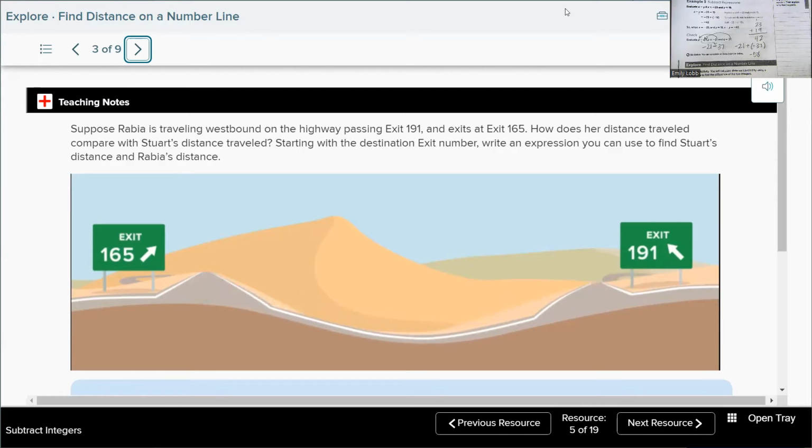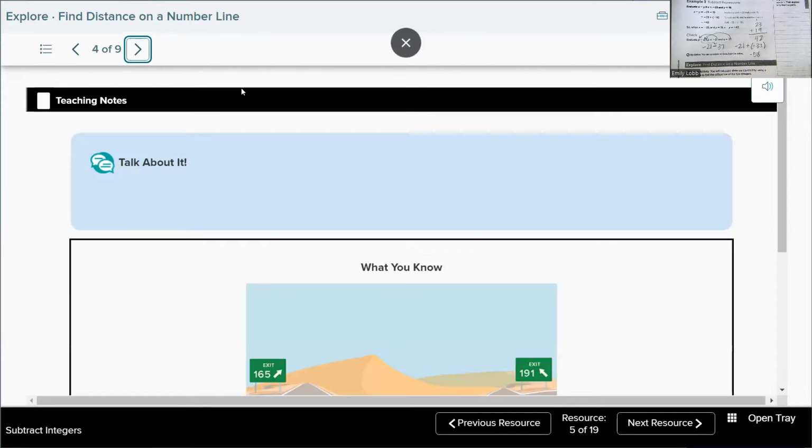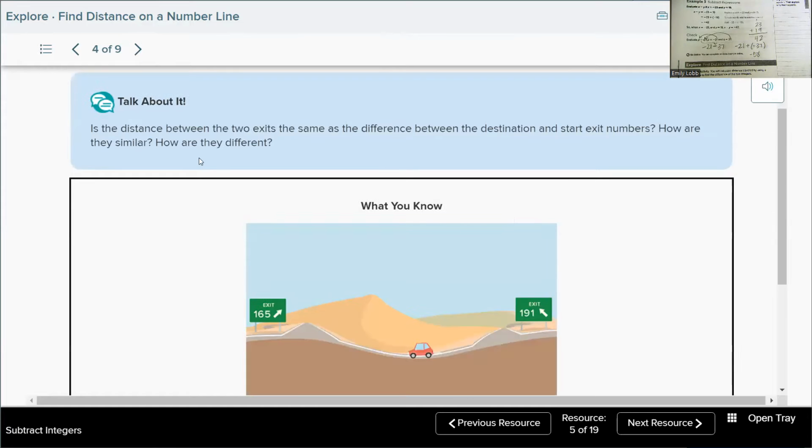So I wonder if we need to figure out a way to denote the difference. Is the distance between the two exits the same as the distance between the destination and start exit numbers? So you would still say that they each traveled the same.